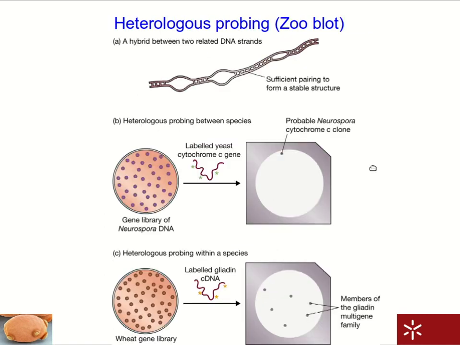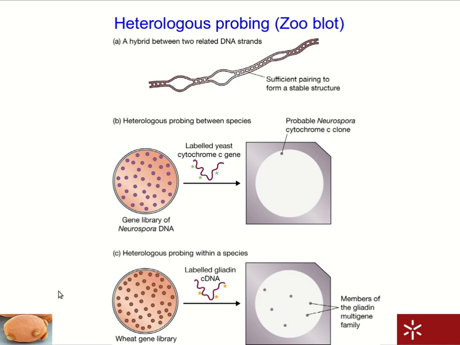If we have cloned a gene in one organism, we can use this information in order to clone related genes from other organisms. In this example here, we used a cloned gene of cytochrome C from yeast in combination with a gene library from Neurospora in order to clone or identify a clone that contains the cytochrome C gene of Neurospora.